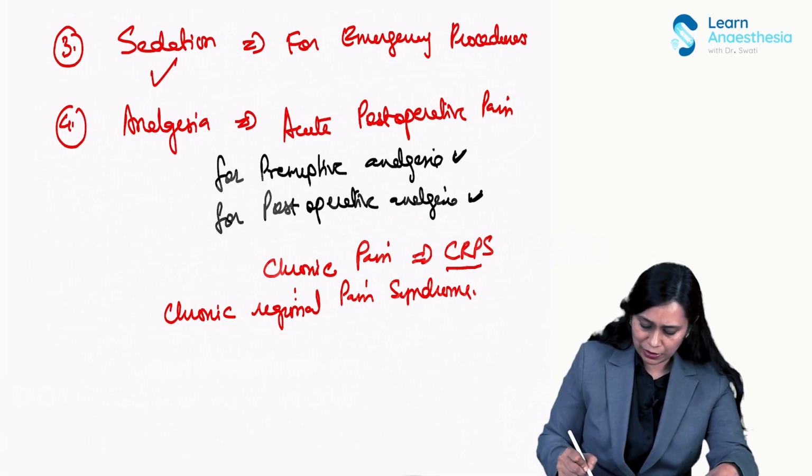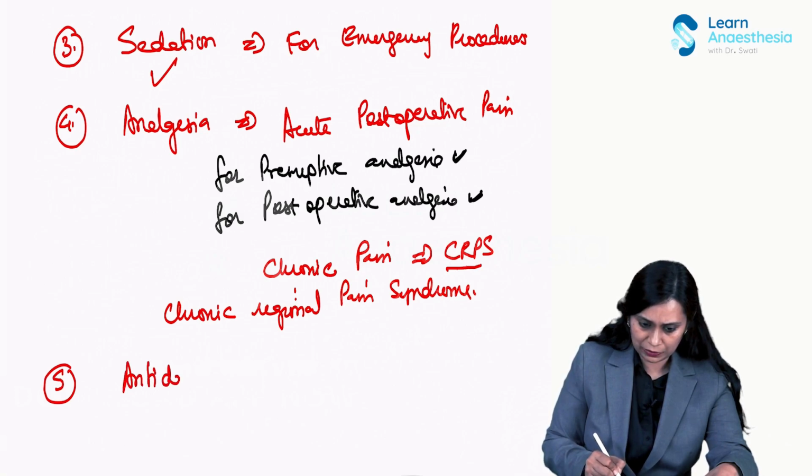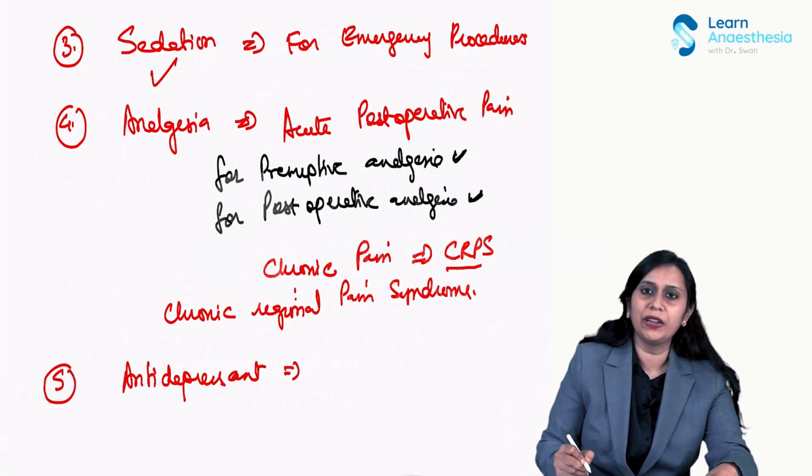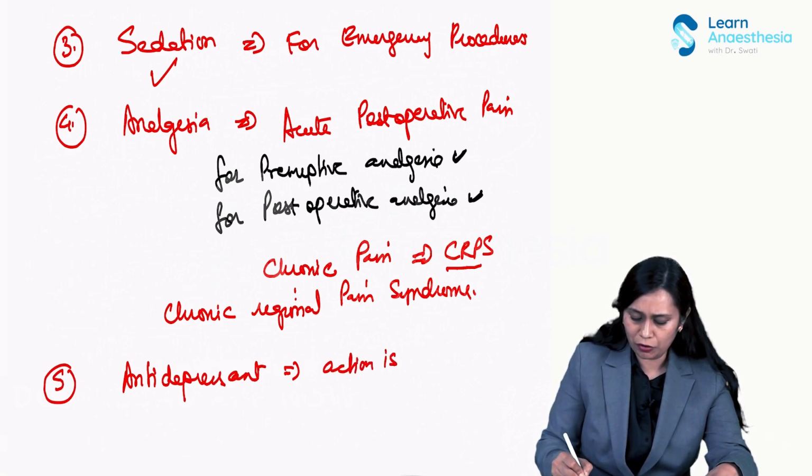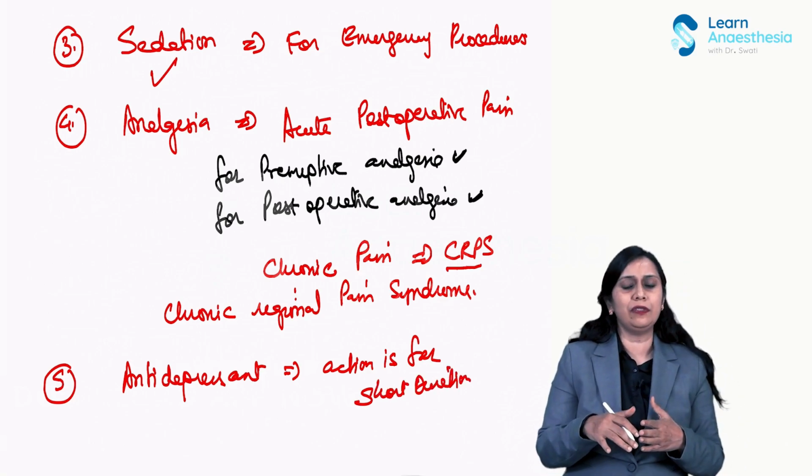Okay, then nowadays its role as antidepressant. Ketamine has shown a very good role as an antidepressant. Okay, but action is for short duration, but it has shown a very promising effect. So these are the uses of ketamine.